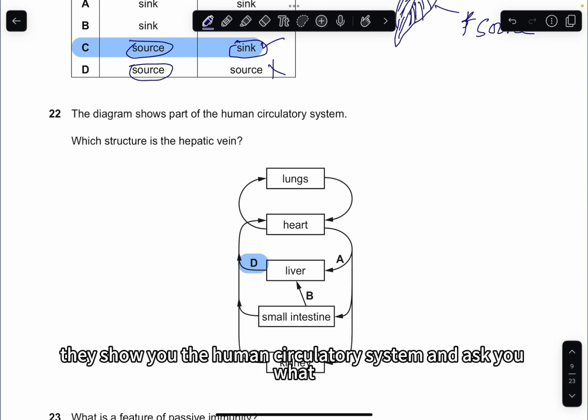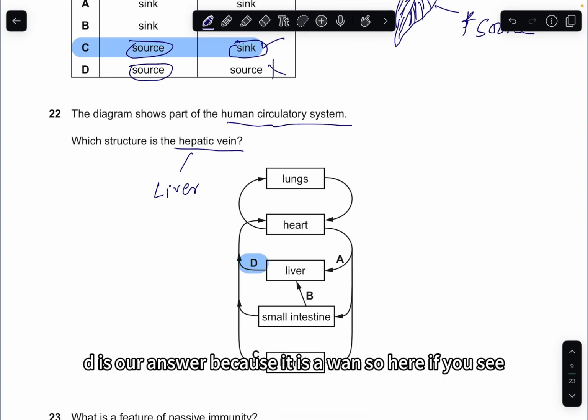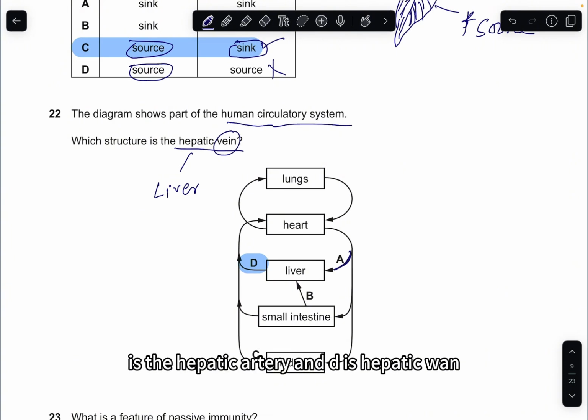The next question shows the human circulatory system and asks which structure is the hepatic vein. Hepatic means liver. So D is our answer, because it is a vein. Here, one is the hepatic artery, and D is the hepatic vein.